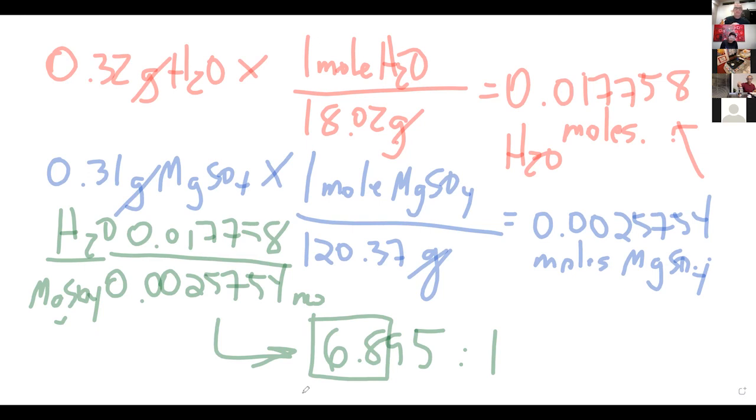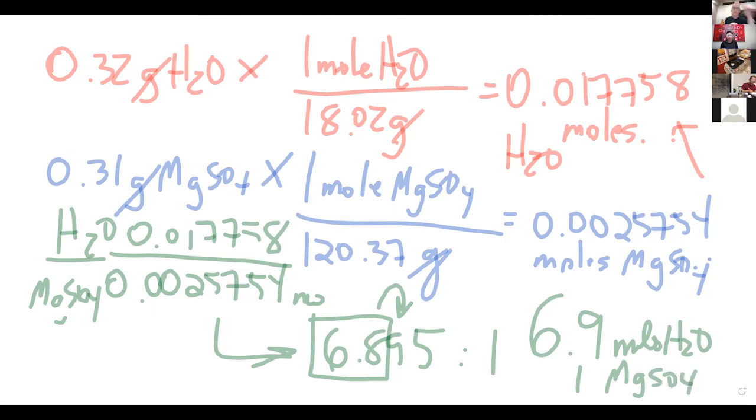And since there's a 9 next to the 8, we round that up. So my final answer will be 6.9 moles of water for every 1 magnesium sulfate. And I'd say that's pretty close to 7.